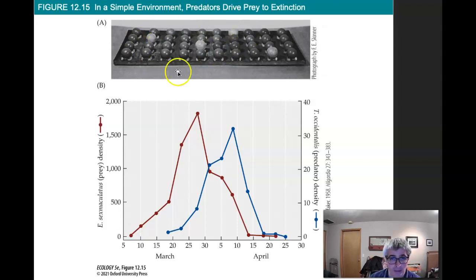They put some six-spotted mites in these little wells, with oranges. There's either oranges, these are cue balls or something. And then they saw what happened over time. They put 6 of the six-spotted mites, which are herbivores, eating away on the oranges. They let those increase, and then they release the predatory mites.